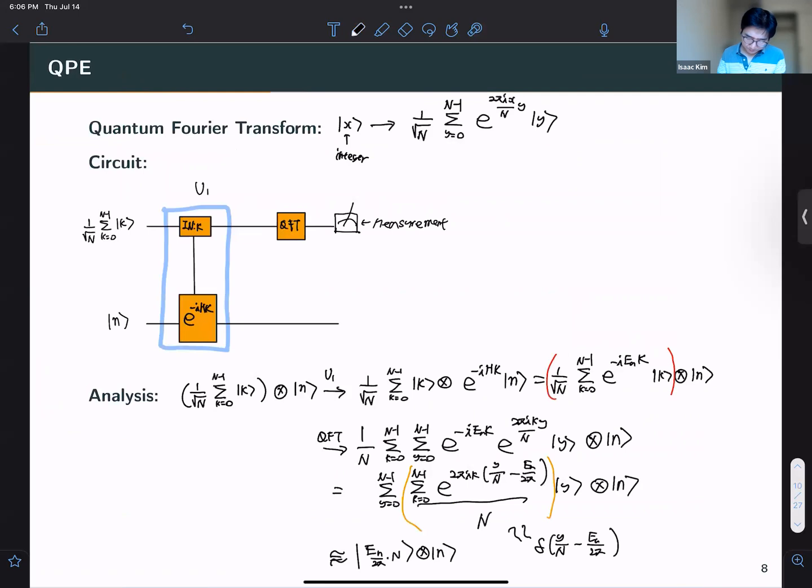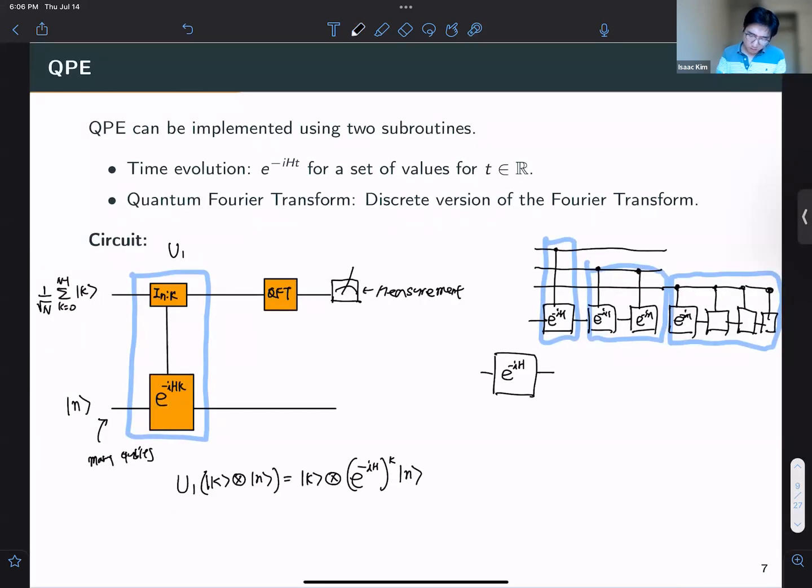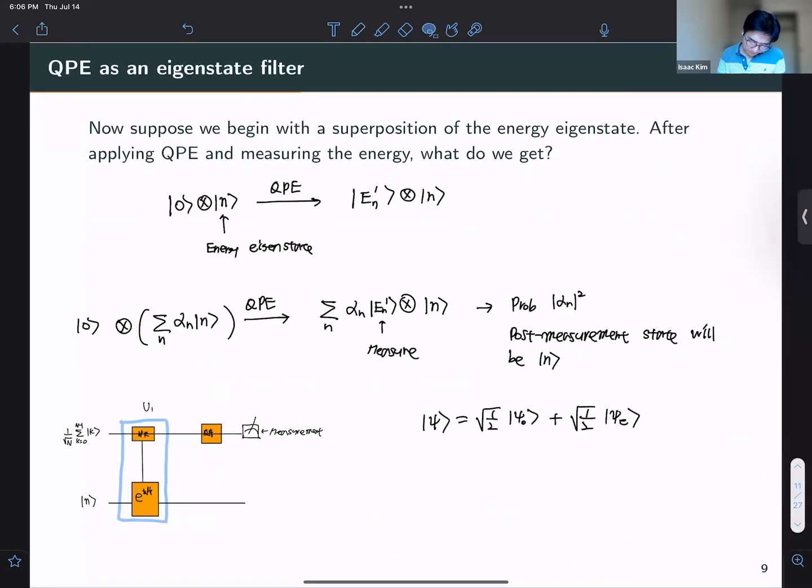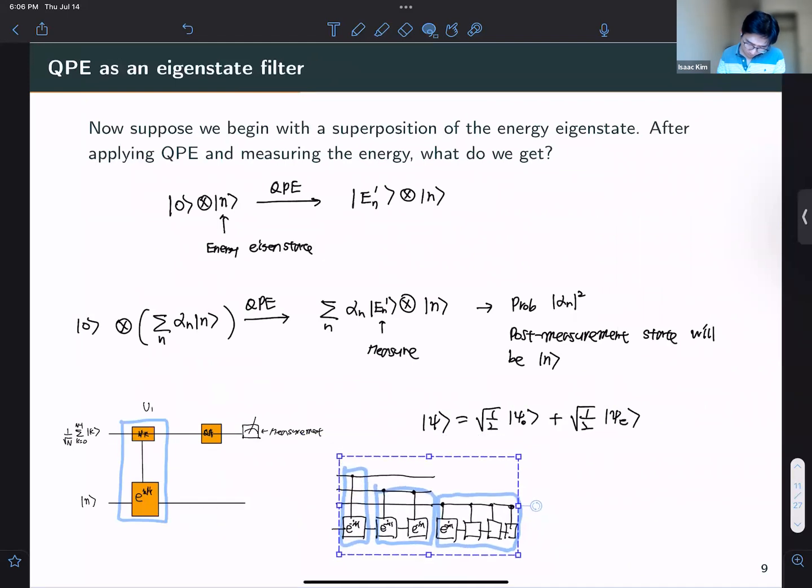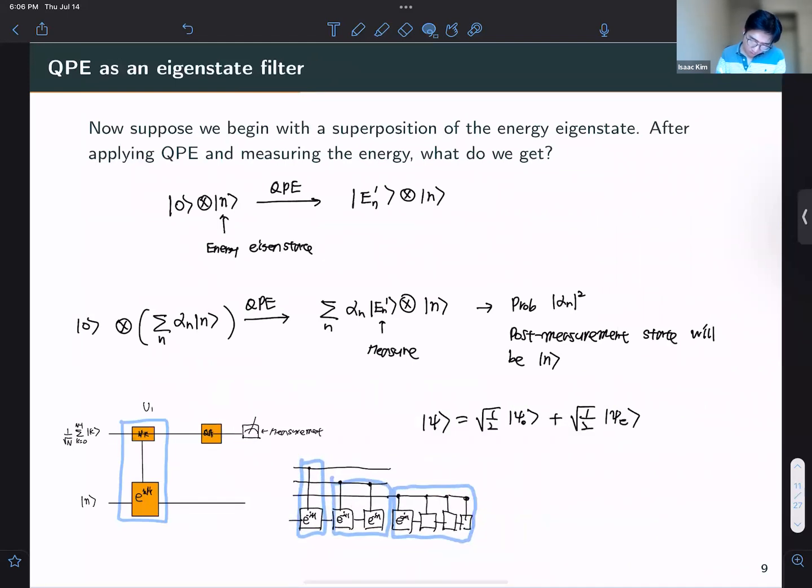So let me first copy this. This can be essentially broken down into this controlled time evolution. And if you know how to break down e to the minus iHt into one and two-qubit gates, this becomes very easy.